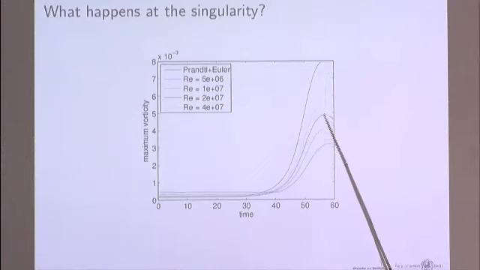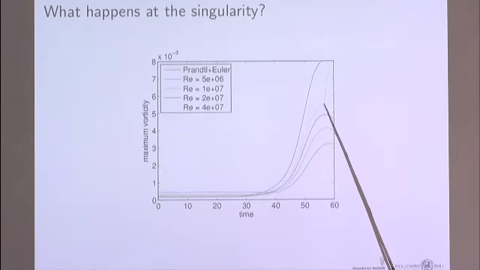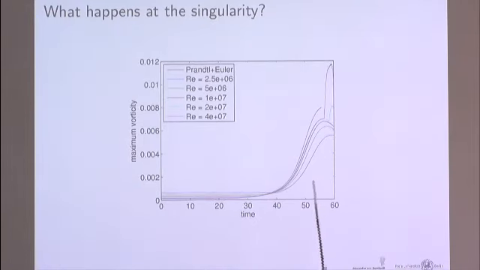But what is important is we see that going from this Reynolds to this Reynolds, we have a very extreme effect, and this is what I was showing on the movie, that the maximum suddenly rises to a much higher value. And this is even clearer on the other numerical scheme, which has the exact boundary condition. Here we clearly see that we go much above the Prandtl scaling, which was here for the highest Reynolds number.